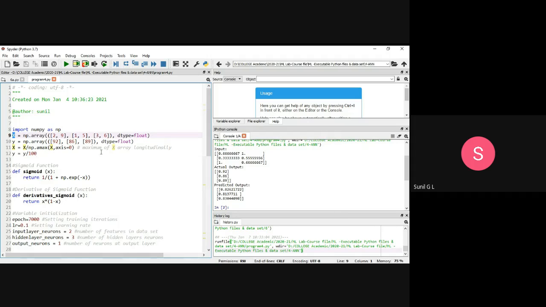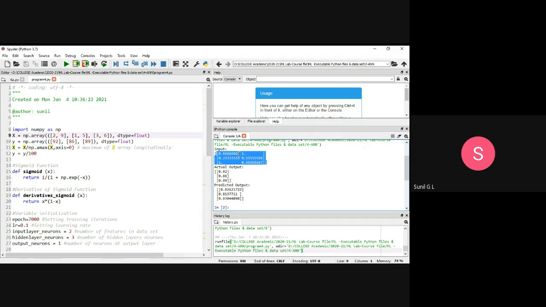So whatever input we are taking, 2 9 1 5 3 6, the actual input will change. The maximum value is 9, so 2 divided by 9 is 0.66, 9 divided by 9 is 1, 1 divided by 9 is 0.33, 5 divided by 9 is 0.55, 3 divided by 9 and 6 divided by 9.